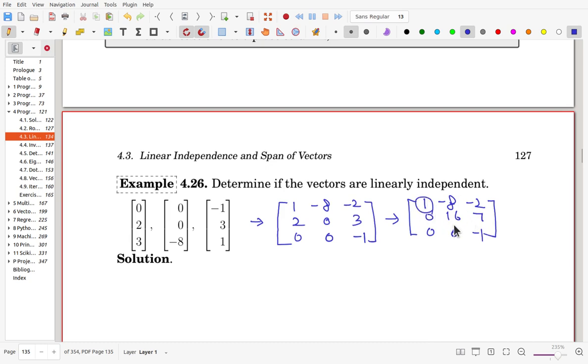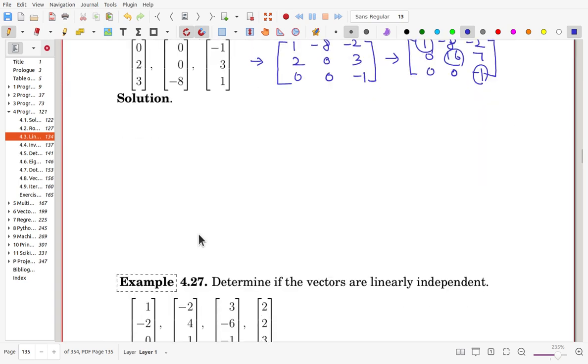This is pivot, pivot, pivot. Every column has a pivot, so the columns of the matrix are linearly independent, which is the same as saying that the vectors are linearly independent.